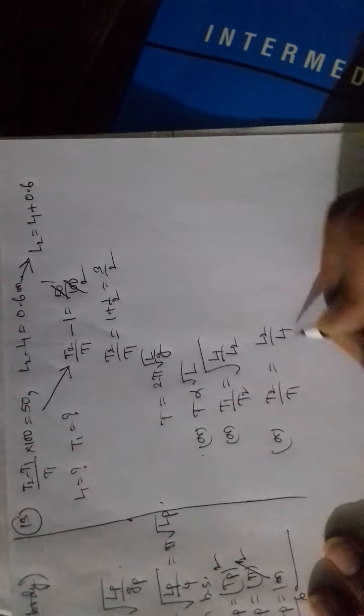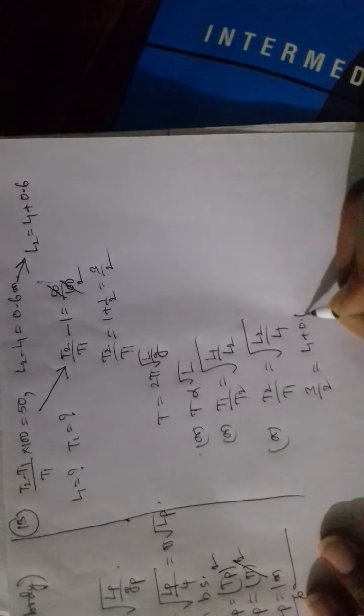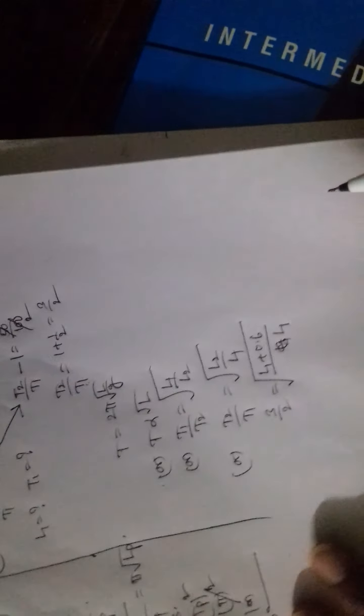Now substitute, or reversing, T2 by T1 is equal to root of L2 by L1. T2 by T1 is 3 by 2, and L2 is L1 plus 0.6, so root of (L1 plus 0.6) by L1. Squaring on both sides.